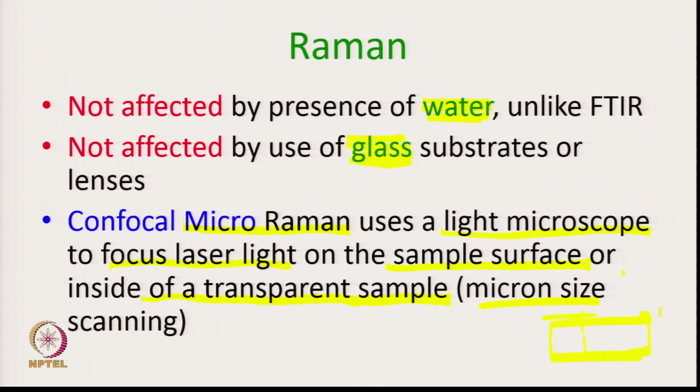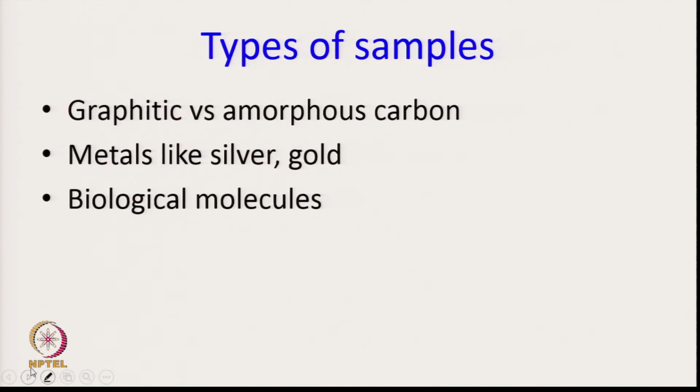Raman is very useful in such cases, and we can use this instrument or technique in particular for graphitic content in a sample versus, say, amorphous carbon, which is very important for carbon based nanomaterials, or for detecting metals like silver and gold.